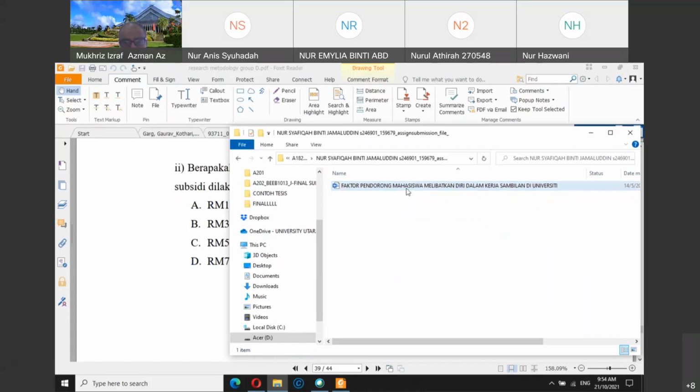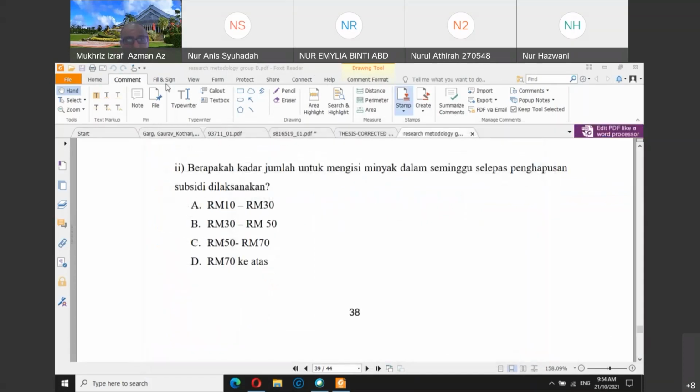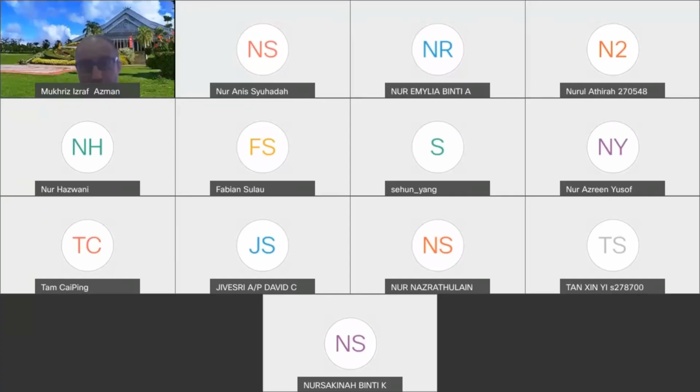So this is another topic that was done before: factors that motivate or influence students to be involved in part-time jobs in UUM. So you can see that there are many topics that you can propose, especially if you're talking about the recent development during COVID-19.